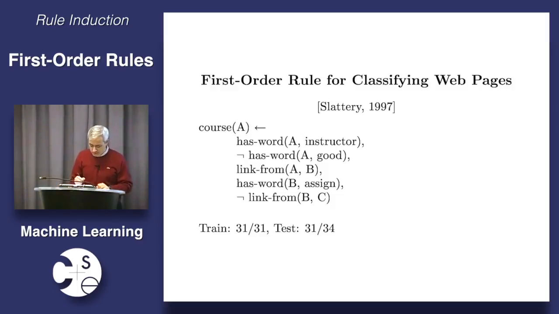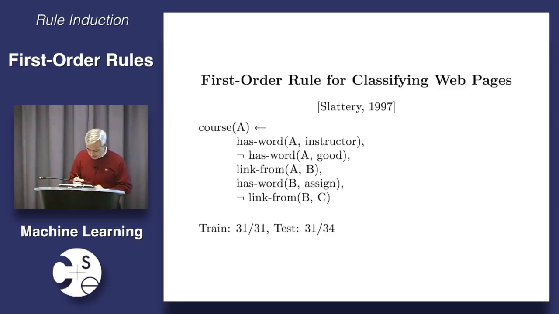Okay? So it says that A is a variable, A is a course. This is how you read a rule like this. What does this first antecedent say if you translate it into English? Web page A has the word instructor. Right. So if the web page contains the word instructor, that makes it more likely to be a course page. Pretty obvious, right? And what does the second one say?